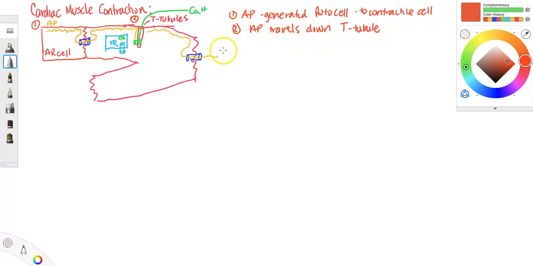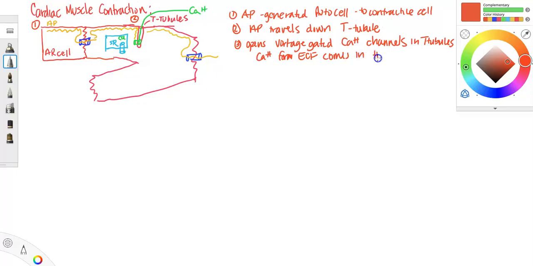All right, once it gets into the T-tubule, then it will open voltage-gated calcium channels in those T-tubules. So calcium from the extracellular fluid comes in through the T-tubule.